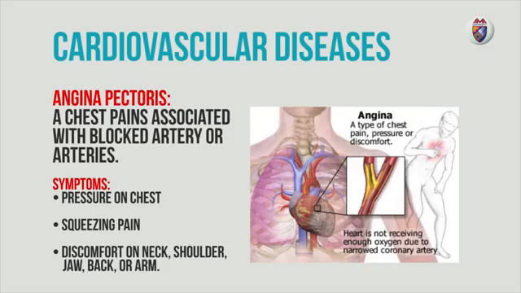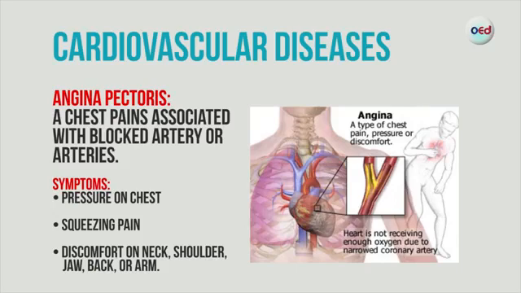Another heart disease that is directly associated with coronary heart disease is called angina pectoris. This is a medical term used for chest pains. This happens when the muscles of the heart do not get enough blood because one or more arteries of the heart are narrowed or blocked.